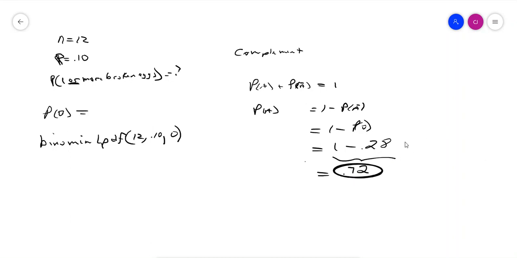So that is our probability of A, right? Because we did the complement, which was 0.28, subtracted it from 1 and got the original one we were looking for, right? So pretty easy if you use the complement. It's a good deal in probability theory.